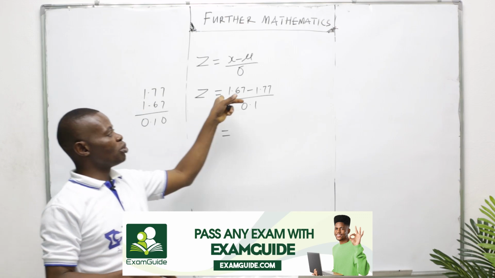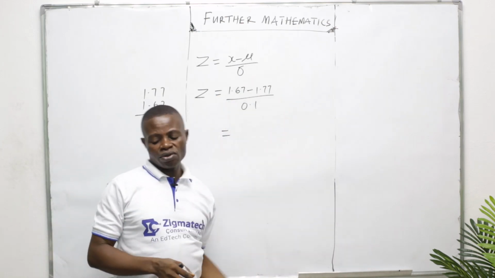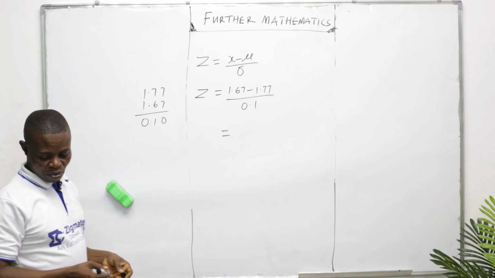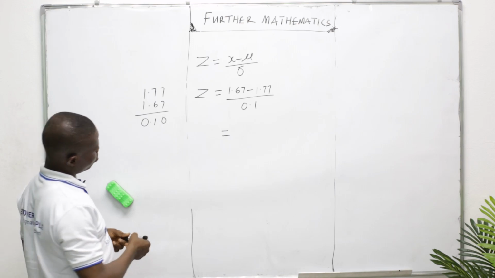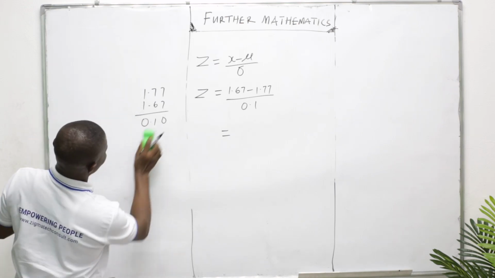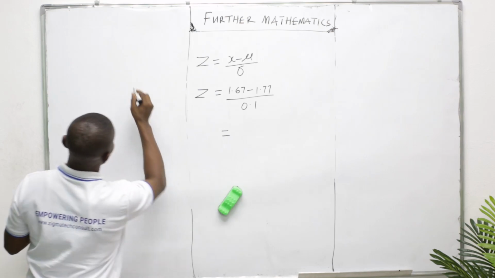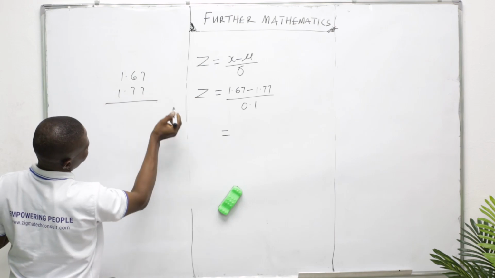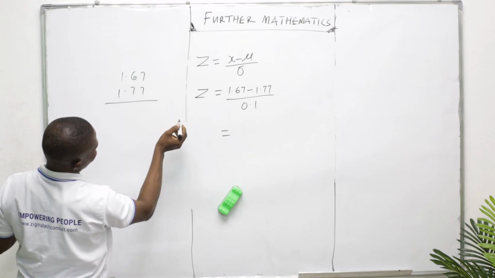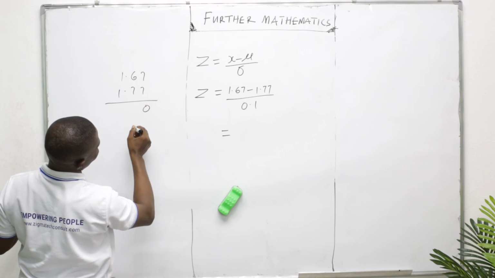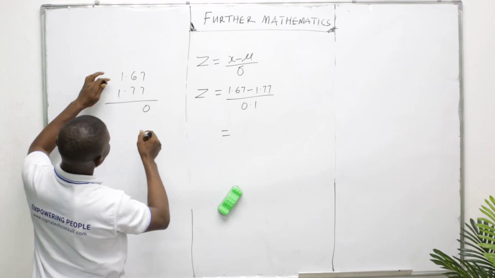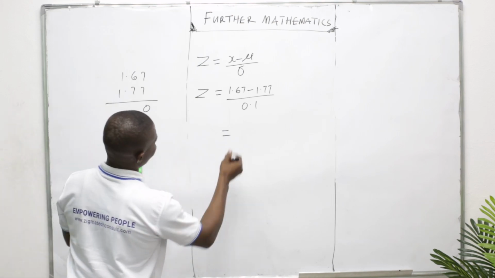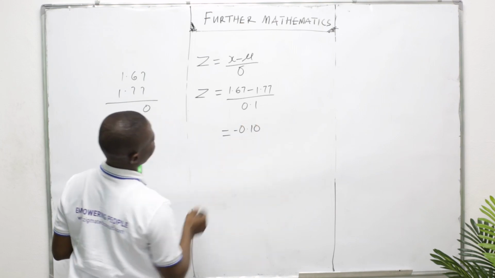But remember, a smaller number is subtracting. So it will give us what? Minus 0.10.